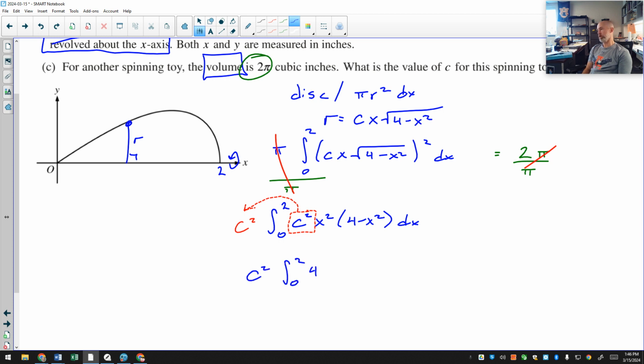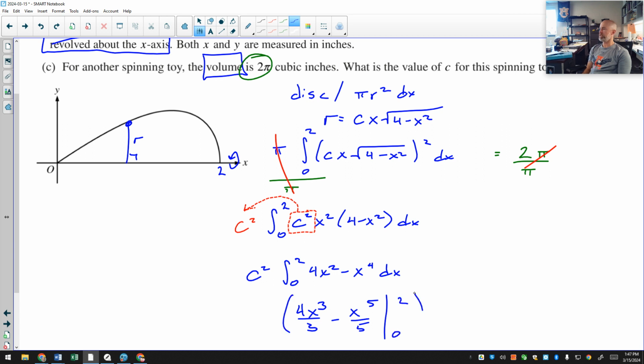That's 4x squared minus x to the fourth. And it actually is a fairly nice antiderivative. A lot of work to get to where it's nice, but once you get to the actual integration, 4x cubed over 3 minus x to the fifth over 5, evaluated from 0 to 2.